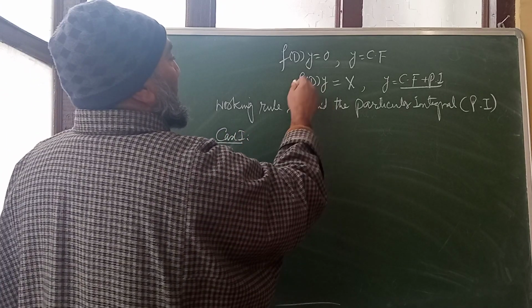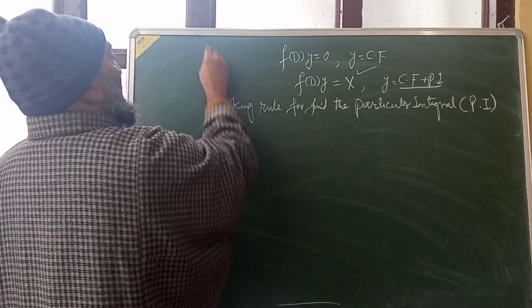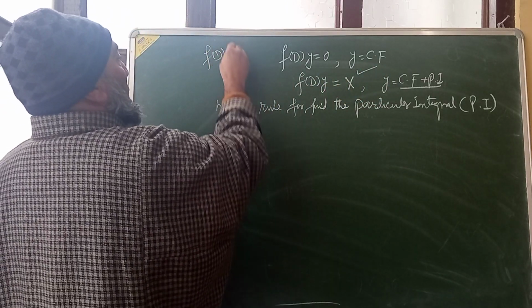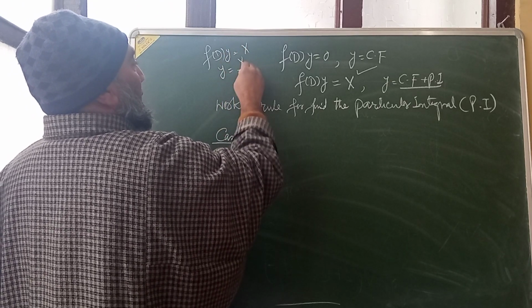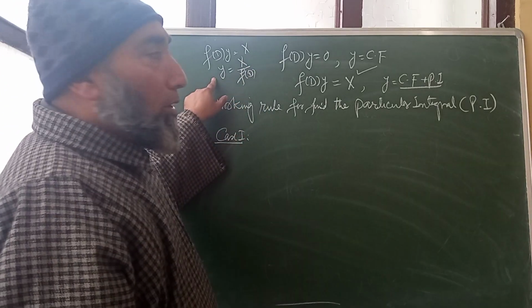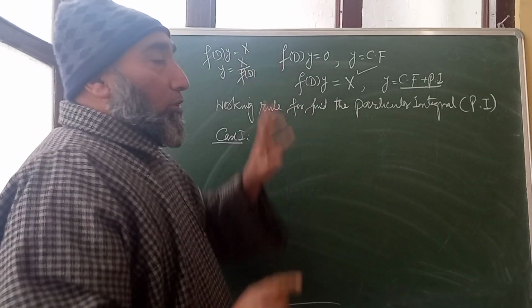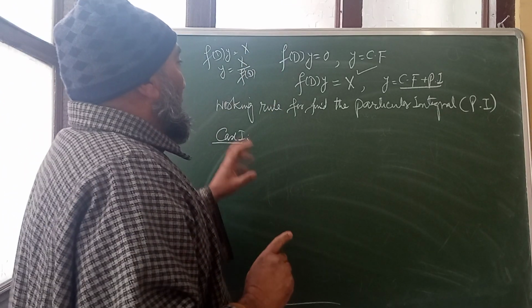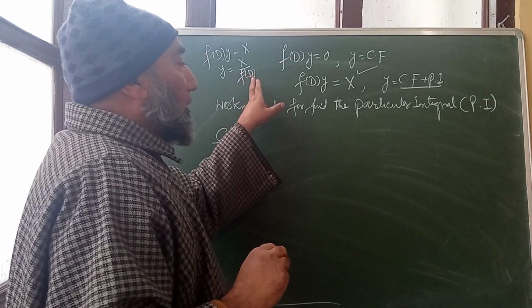First of all, let me tell you, you have f(D) operating on y equal to X. Then you can see that y is X upon f(D). This y is not the complete solution, as you have seen yesterday. In yesterday's question I showed that this is not the complete solution.